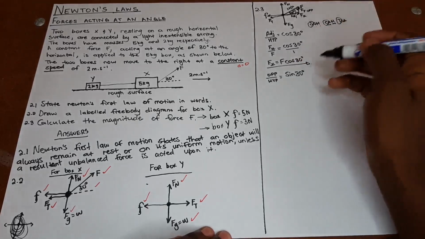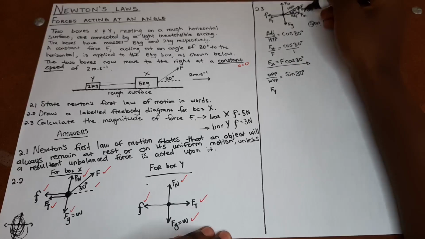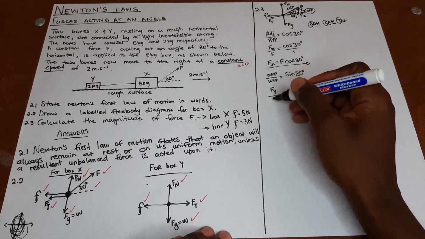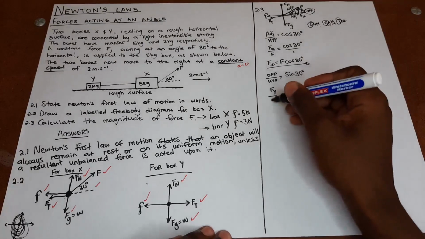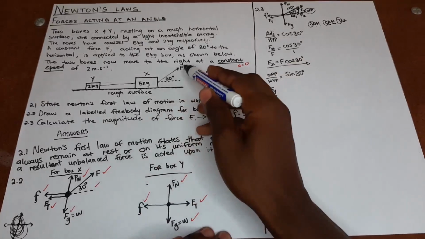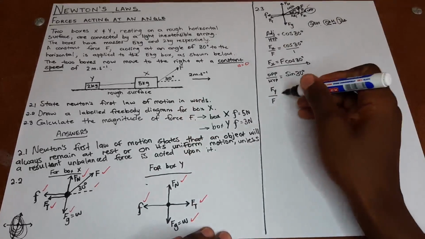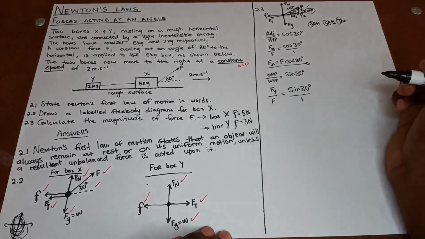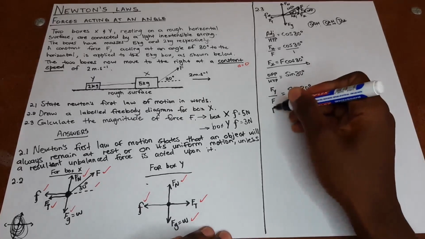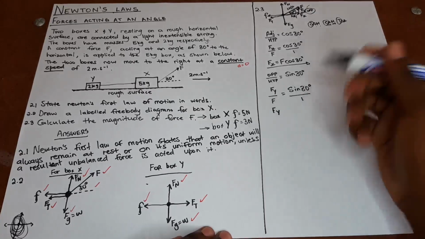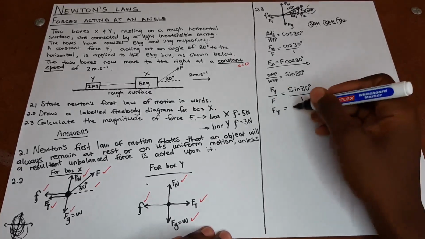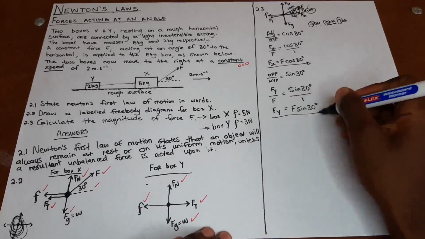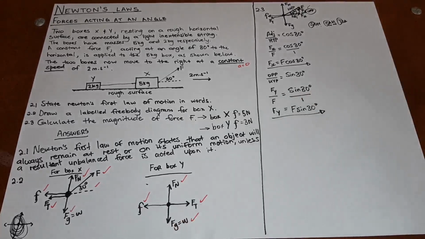The opposite side is Fy, over the hypotenuse, which is F, the applied force, equals sine 30 degrees over 1. Let's cross multiply: Fy multiplied by 1 gives Fy, and F multiplied by sine 30 degrees gives F sine 30 degrees. That's our Y component. We found our Y component.